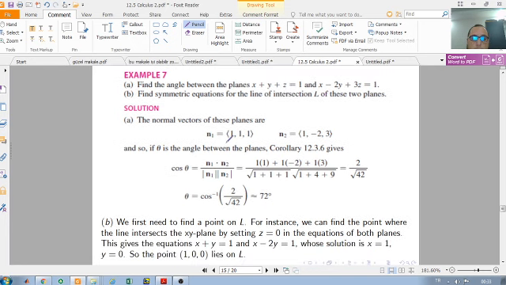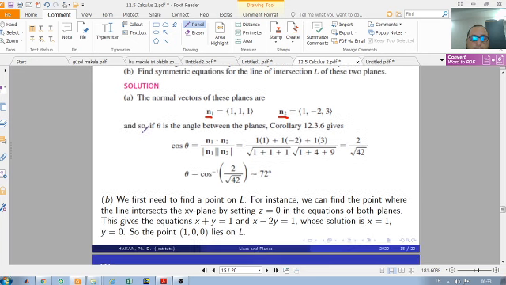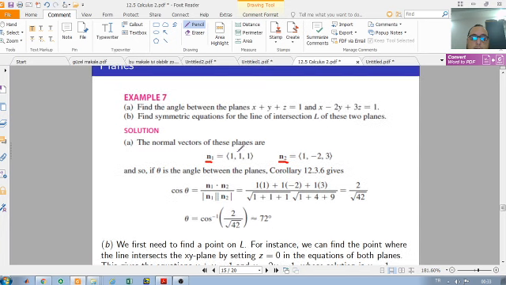From the first one, we have 1, 1, 1 for the normal vector of this plane, which is stated as n1. Similarly, n2 is given here by using the coefficients of the variables.